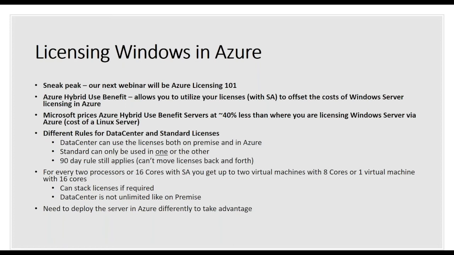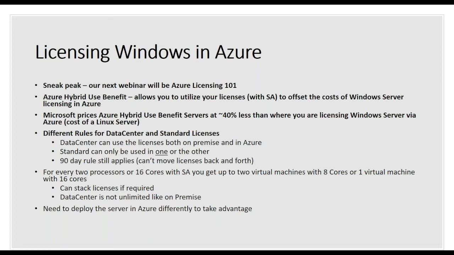Now, that 40% is very generic, because Azure has different sizes of VMs that you can purchase, and so the 40% is going to vary. If I'm using a 1-core, 4 GB VM versus 32 cores, 156 gigs or whatever, it varies, but that's the rule of thumb.